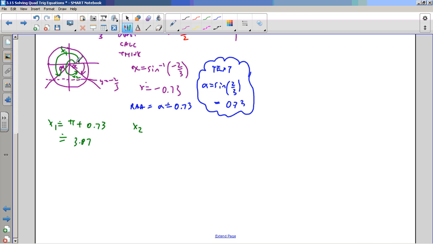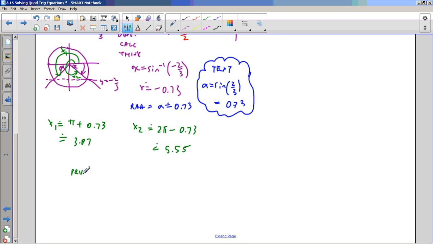x2 is almost all the way around. It's actually the one that's coterminal with what our calculator gave to us. That is 2 pi, subtract the related acute angle, right? 2 pi is all the way around, subtract the related acute angle, and I get that's equal to about 5.55. Again, 2 times pi, hit your pi button, subtract 0.73, and now let's collect up all the solutions.